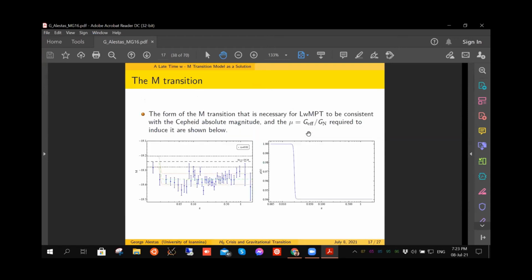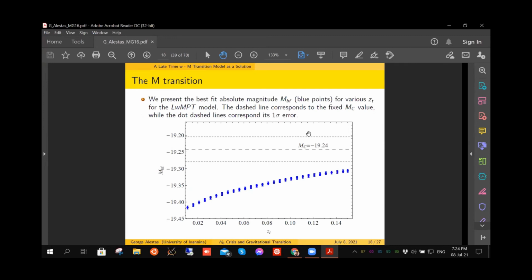And therefore, the form of the transition in M that is necessary can be seen in the left plot, where we have the Pantheon data, and we see that the transition in M at very low redshift is necessary to give the M_C that corresponds to the Cepheids. This transition can also be seen in the right plot in gravitational terms. And now we also present the best fit of the absolute magnitude, which are the blue points for various z_T for the LWMPT model, and the dashed line corresponds to the fixed M_C value.